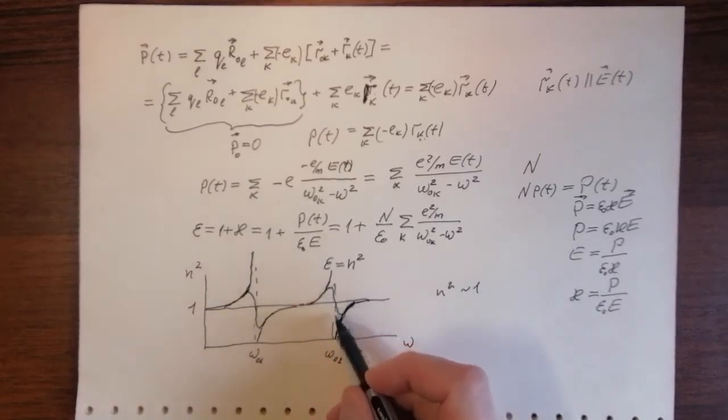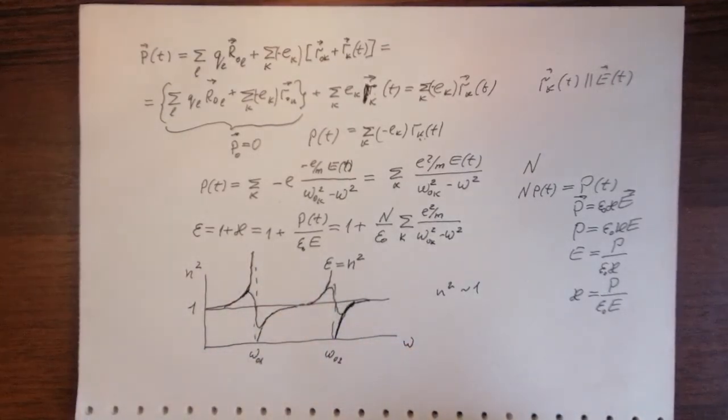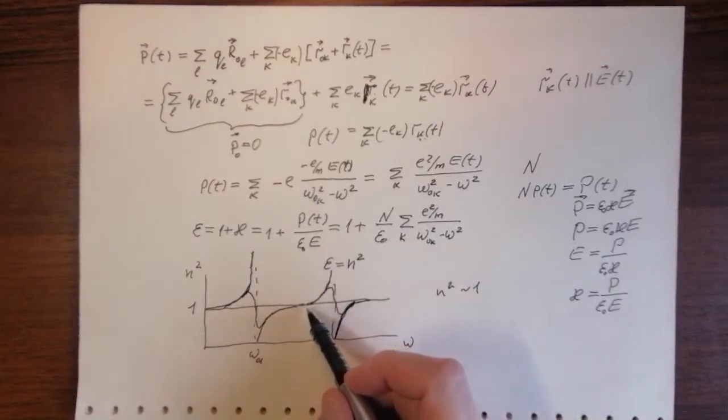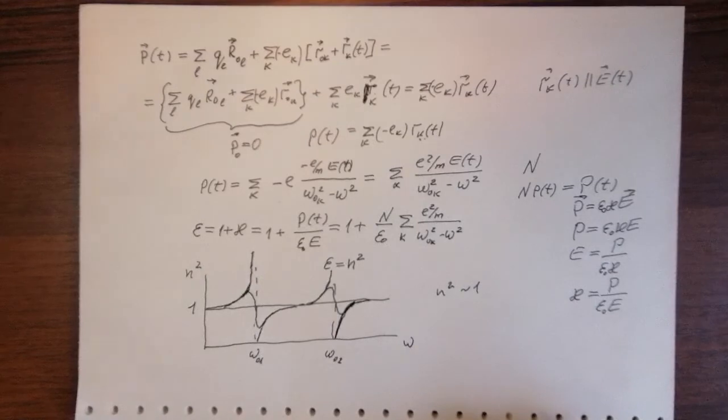Situation is this: dramatic change of the uniform change of n squared. It is possible, of course, as far as omega and lambda are reciprocal.